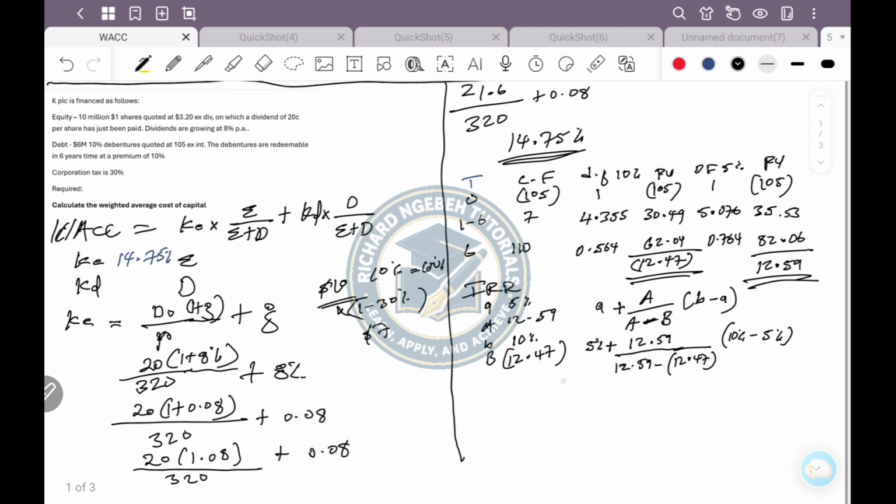So now this is going to be 0.05 plus 12.59, all divided by 12.59 plus 12.47.